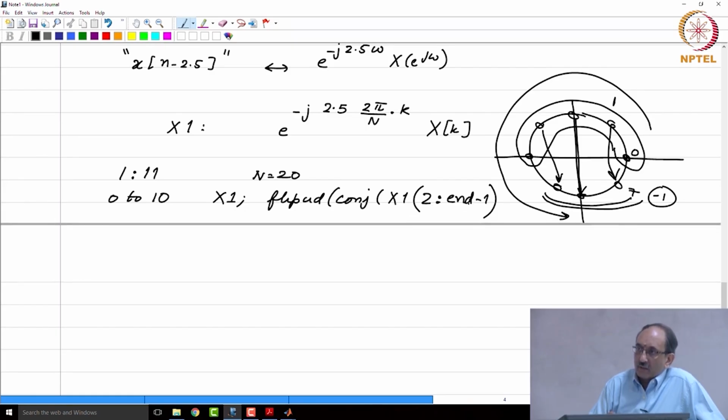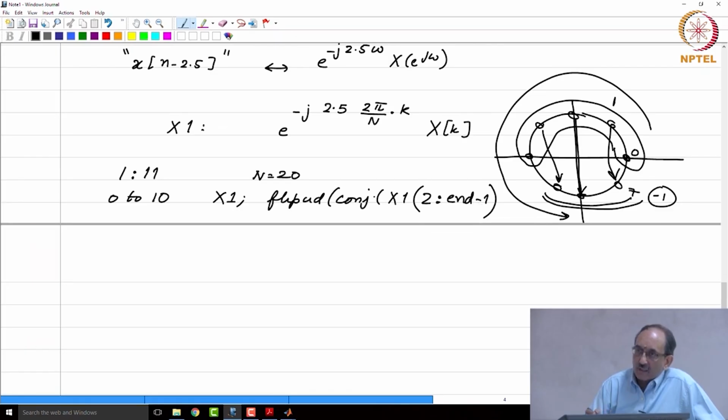You do not want the end index also, because end index would correspond to N by 2. So, this now explains the MATLAB code that was there in your notes for reproducing this fractional 2.5 delay. All the sequence of steps comes from this flipud, conjugate, and 2 to end minus 1.